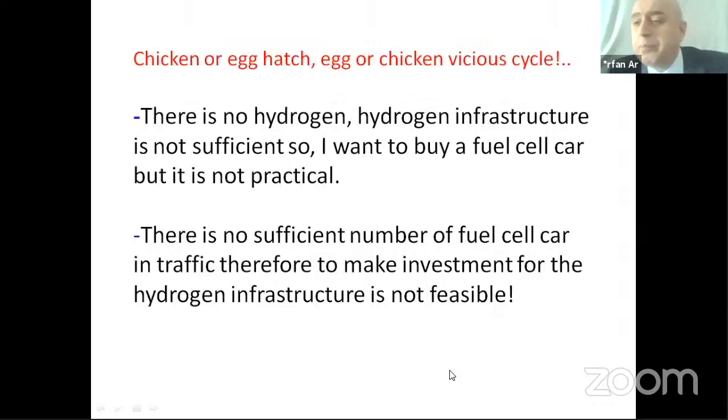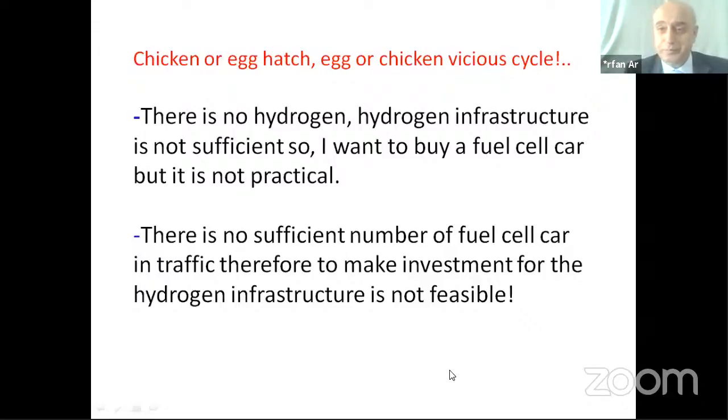But we have a vicious cycle, a chicken or egg problem, or you may say an egg or chicken vicious cycle. Because the hydrogen infrastructure is not sufficient, I want to buy a fuel cell car, but it is not practical. There is no sufficient number of fuel cell cars in traffic. Therefore, making an investment in hydrogen infrastructure is not feasible on the other end.